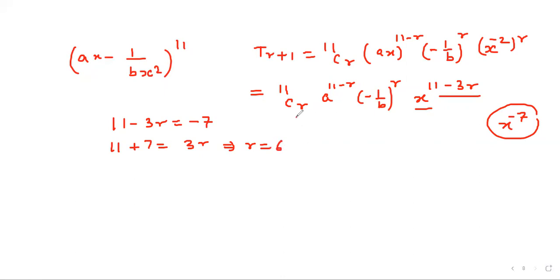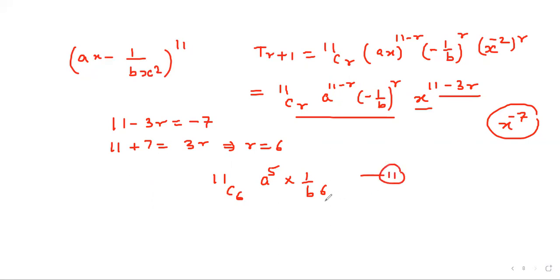Now putting r equal to 6 here, we can get the coefficient. Our concern is to get the coefficient, so we just write the coefficient. The coefficient is 11C6 a power 5 and 1 upon b power 6. This will be the coefficient of x power minus 7. So this is the second expression.